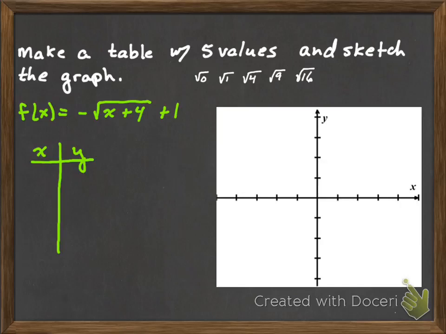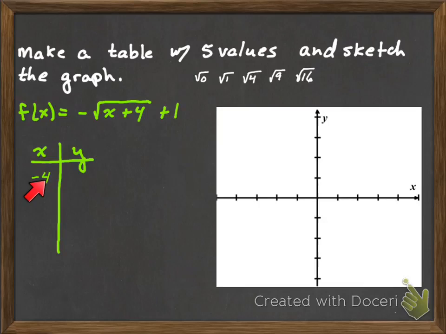Now, square root of 0, that's going to be the smallest number that we can take the square root of. So let's start with this one. All right, so what value do we need to put in for x in order for this to come out to be square root of 0? Well, what we would have to put in for x would be a -4.